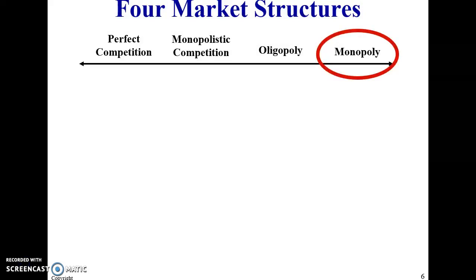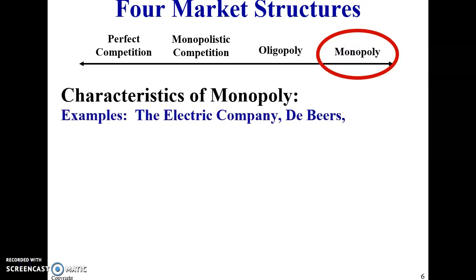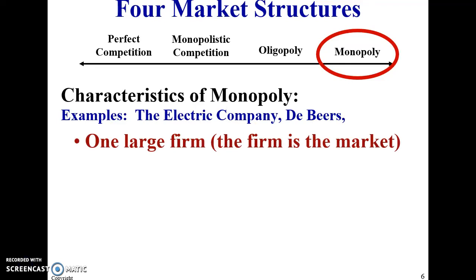Now on the flip side is monopoly. Monopoly is the rule of one, and the electric company would be an example. De Beers, which is a diamond manufacturer, is the market, or has been the market for many years, because they control the diamond mines. So it's one large firm.